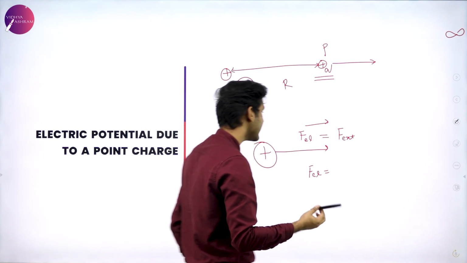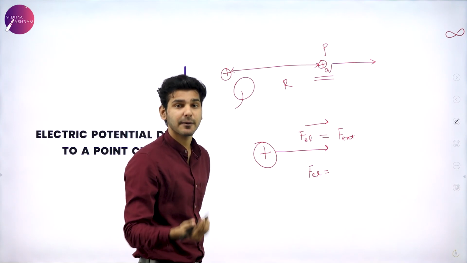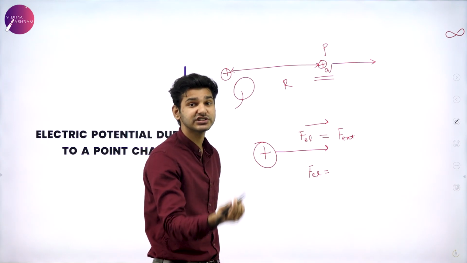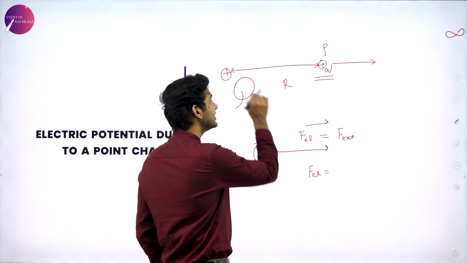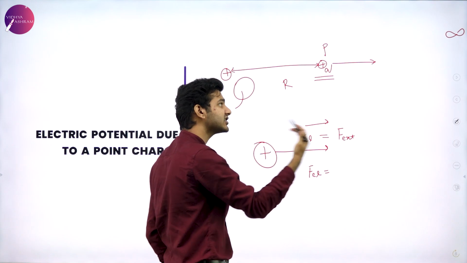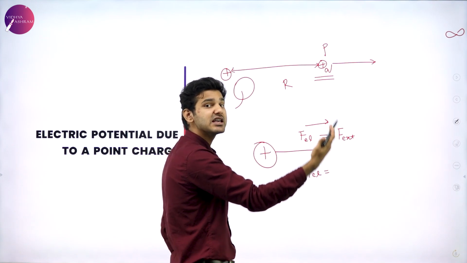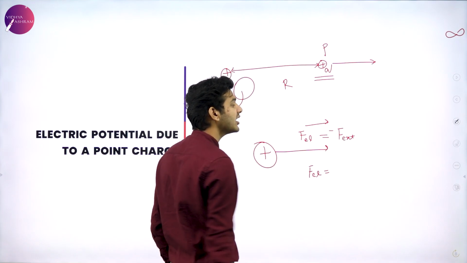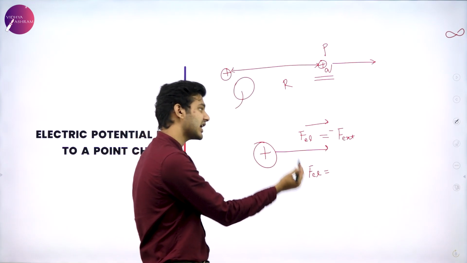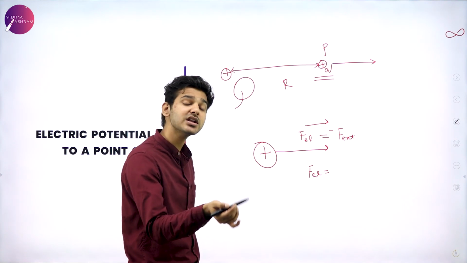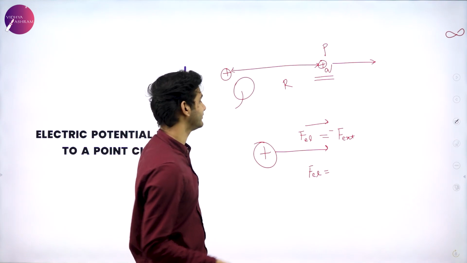So I can say that the external force I apply is equal to the electric force but opposite in direction, which means that the electric force is trying to push it away, but the external force is trying to keep it there or move it forward. So the forces are opposite in direction. The negative sign indicates that the forces are in opposite direction but equal in magnitude.